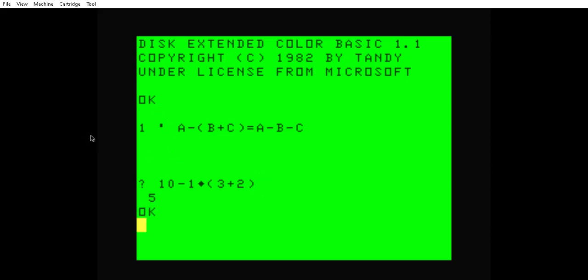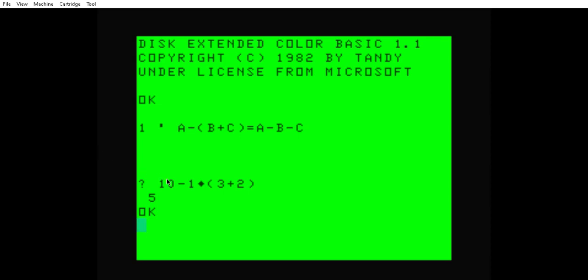So it does give us a value of 5, all right? But if you look at this up here and you don't understand certain mathematical laws, you might get the wrong answer, but it's not likely.